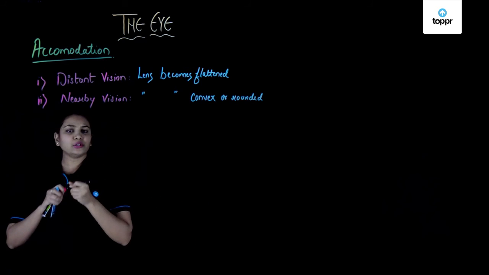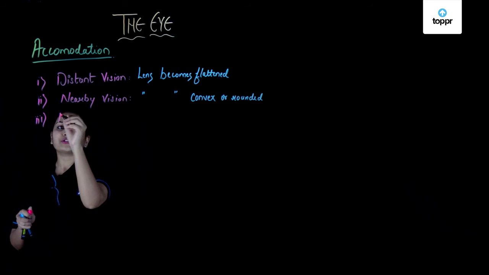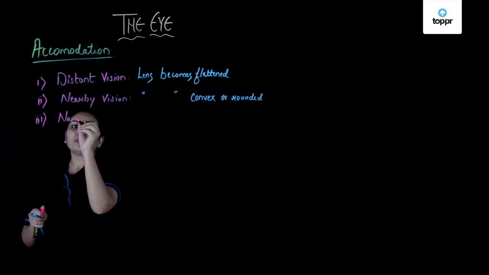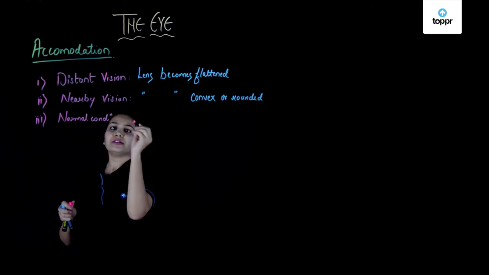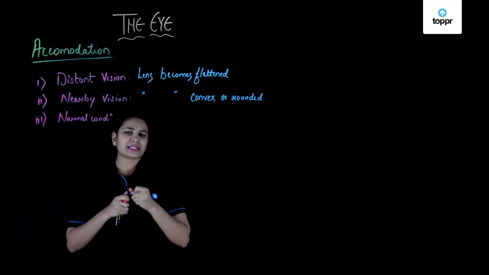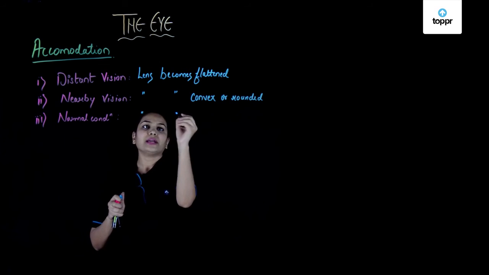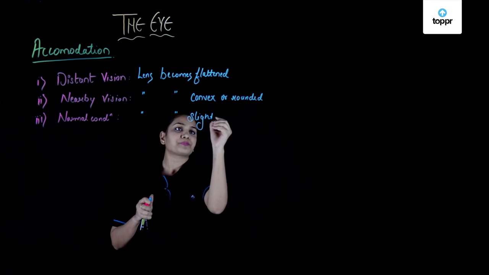Now what happens in the normal condition? So the third is the normal condition. The nearby and normal conditions are pretty much the same. We see that in the normal condition, the lens remains slightly convex, like we know.